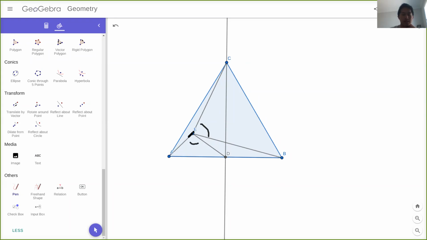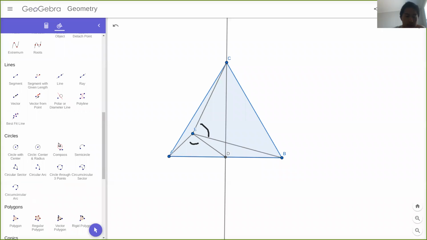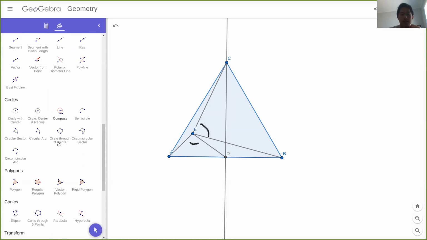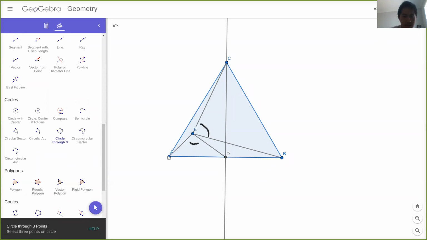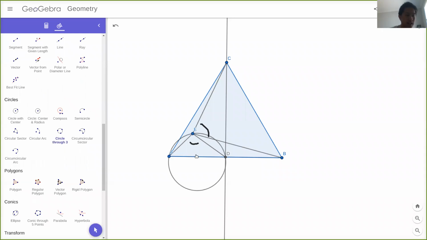So this angle AED is a very special case. We want to relate it to some other angles. One thing we know about how to relate it to other angles is we can draw the circle containing AED.